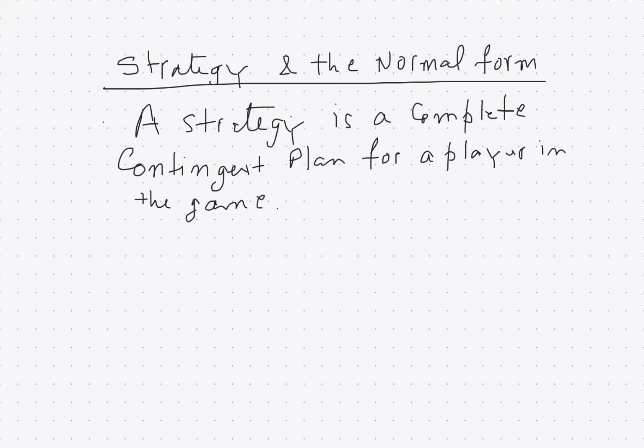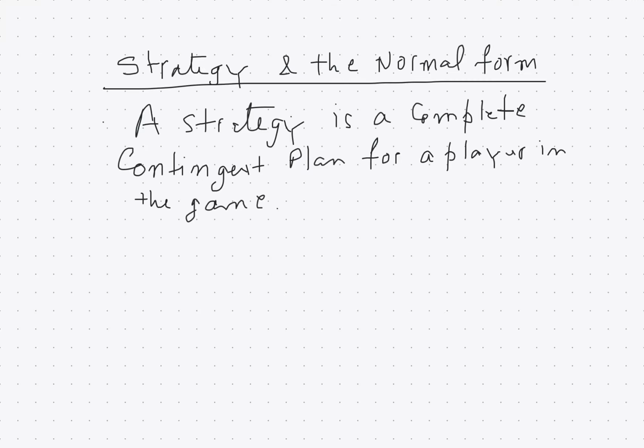So by complete contingent plan, I mean a full specification of a player's behavior, which describes the actions that the player would take at each of his possible decision points. Keep in mind that because information sets represent places in the game at which players make decisions, a player's strategy describes what he will do at each of his information sets.